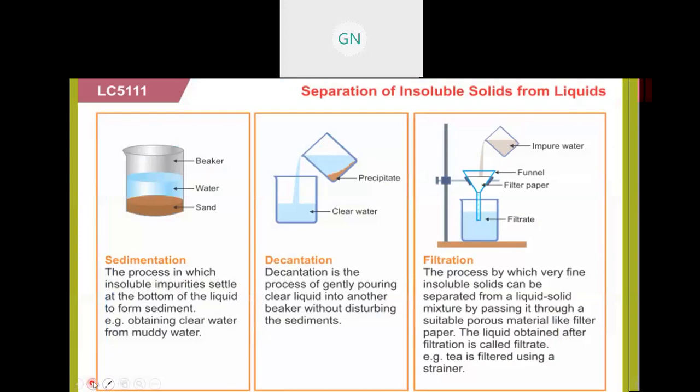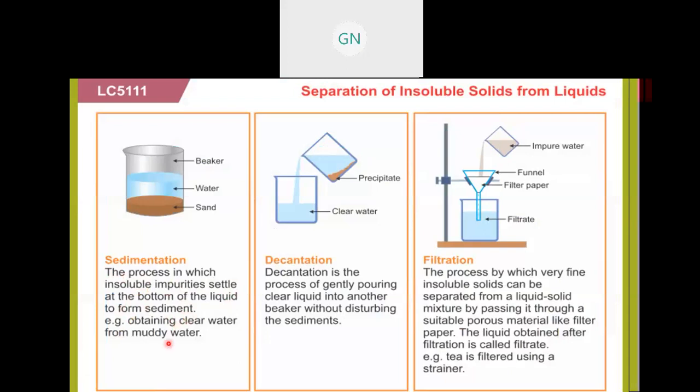So sedimentation, decantation and filtration are methods for a solid in liquid heterogeneous mixture. Once again, we recall: sedimentation is the process in which insoluble impurities settle at the bottom of the liquid to form sediment.